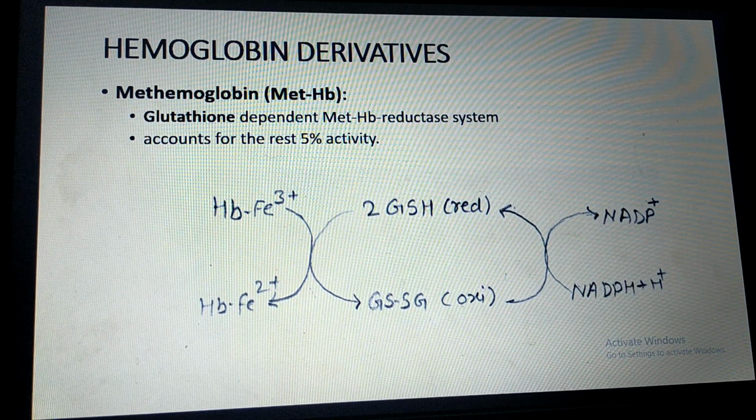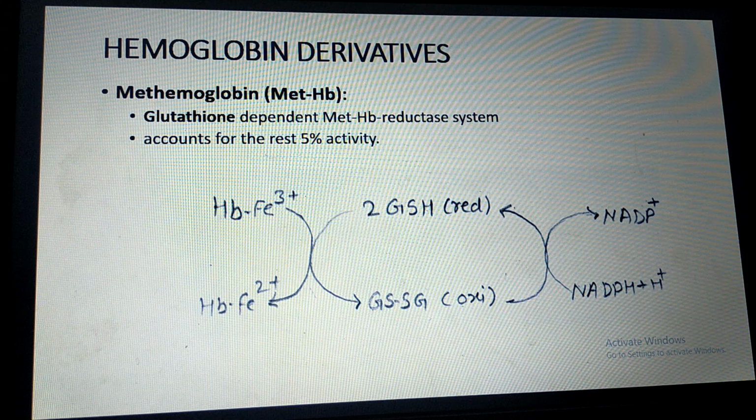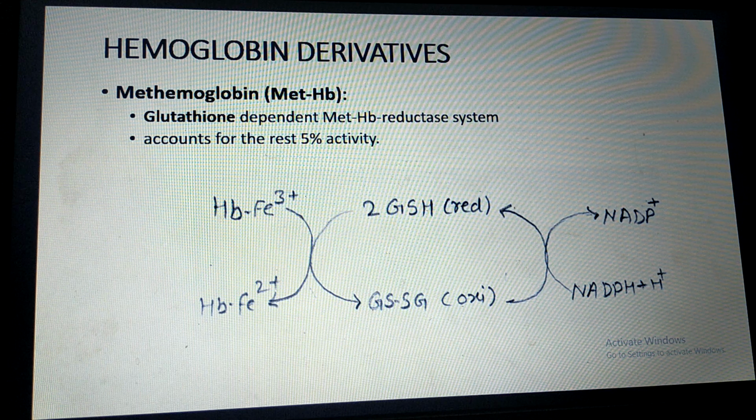Next is the glutathione dependent methemoglobin reductase system, which accounts for the rest, 5%, of the conversion of methemoglobin to normal hemoglobin. Here glutathione itself donates 2 hydrogen atoms or 2 electrons to the ferric form of iron in hemoglobin and converts it into ferrous form, so that methemoglobin is converted into normal hemoglobin.